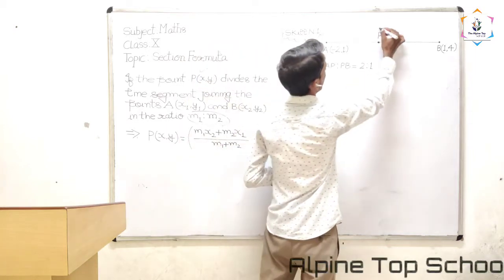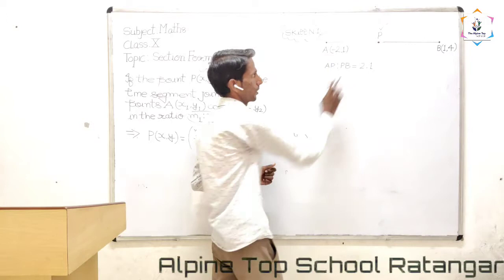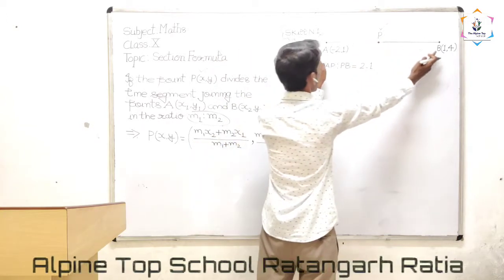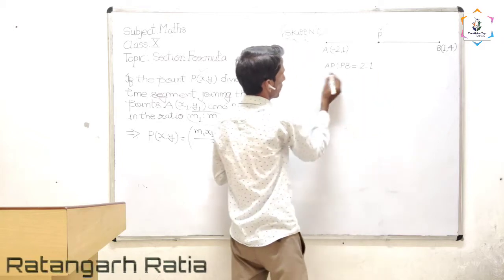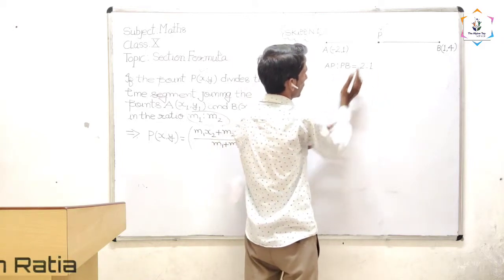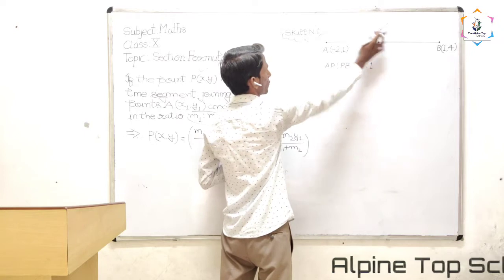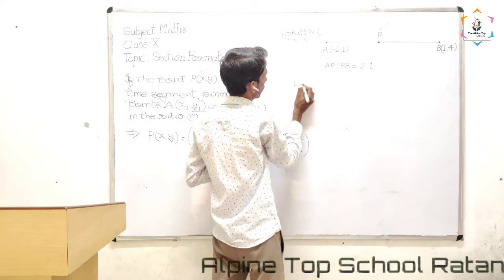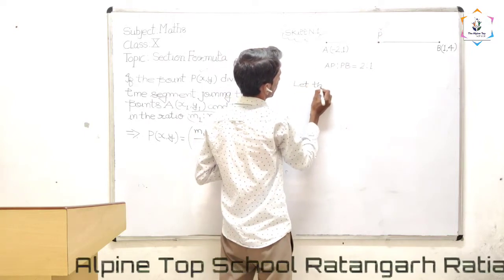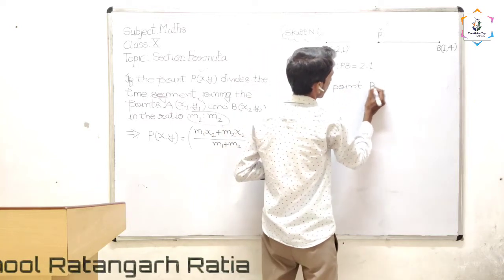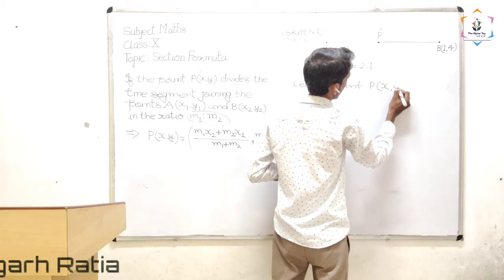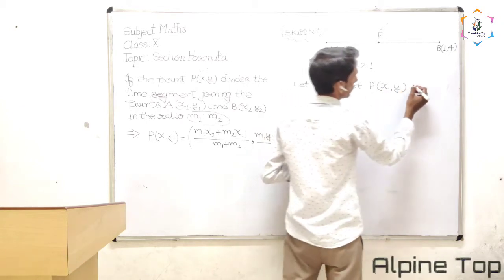We have to find the coordinates of the point P, but this point P divides the line segment AB into ratio 2:1. It means firstly we have to find the coordinates of point P. We have to assume it. Let the point P coordinates be x, y.